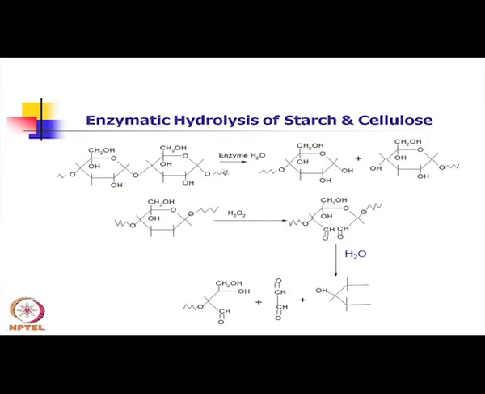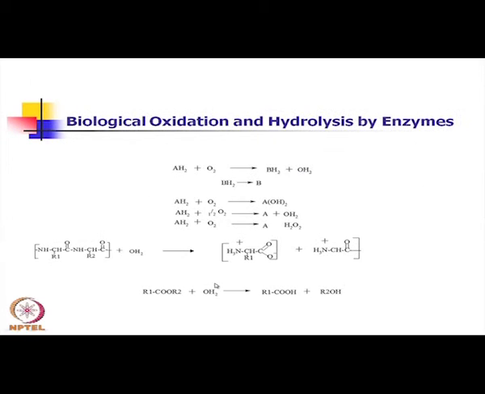Similarly, more action of enzymes can fragment a cellulose or starch molecule into many such anhydroglucose units with hydroxyl groups at one end. So, this way we can degrade the starch and cellulose polymers.